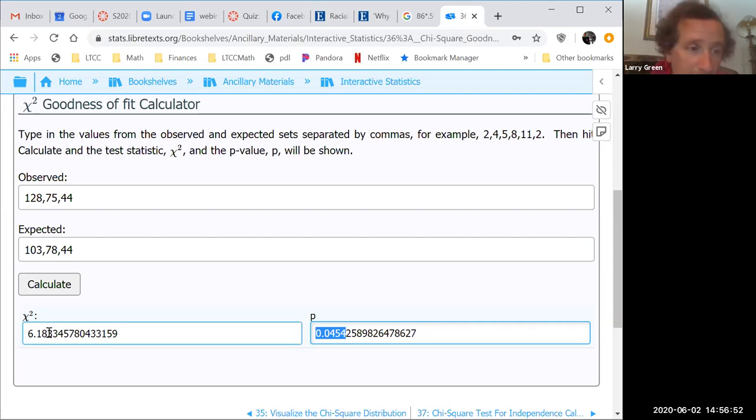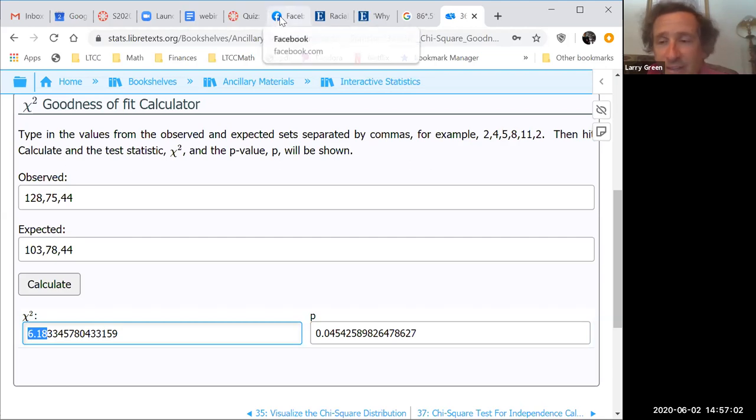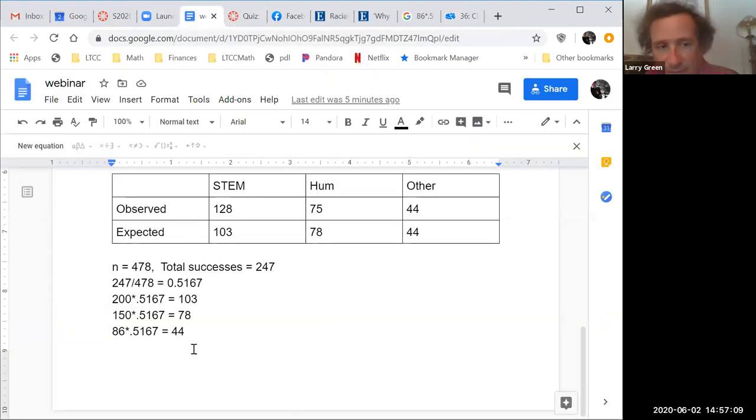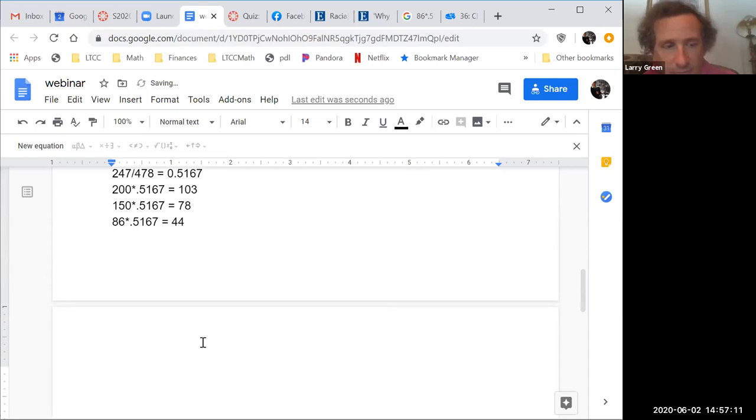Okay, I want to mention that the test statistic is 6.18 and the p-value is 0.045, because that's often what you're asked to find, the test statistic and the p-value. You've seen that on the last exam, for example. So the test statistic, this one is a tough one.